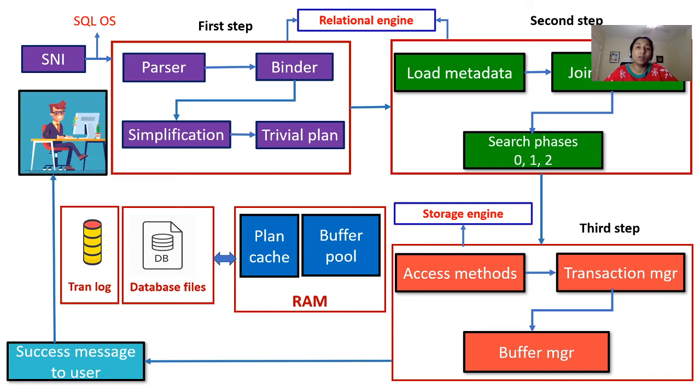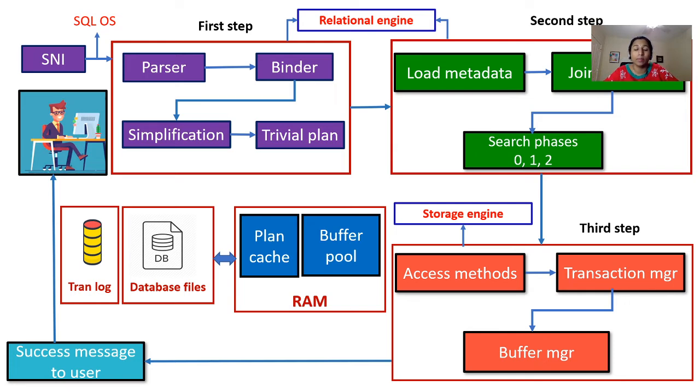All SQL Server needs is just the query as well as the table definitions. That's all it needs. The second step contains the components load metadata, join heuristics, and search phases. Most of the metadata that it requires to process any query is gathered at this second step.